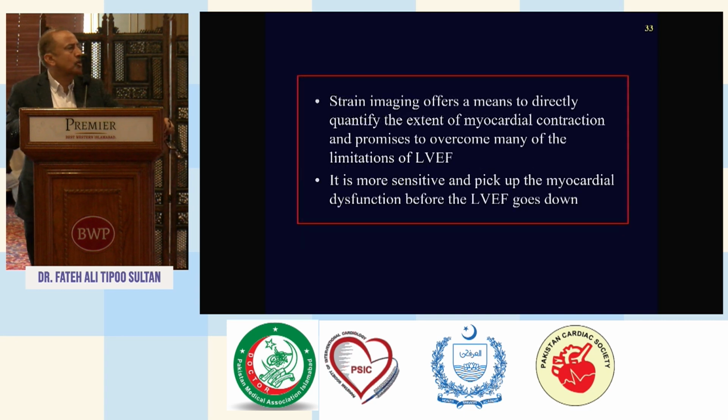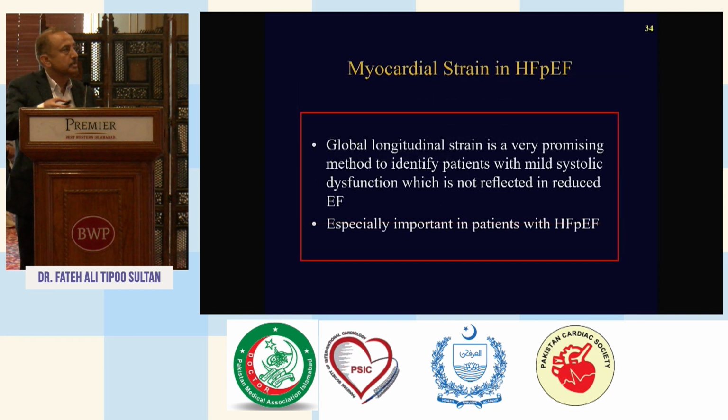So strain imaging offers a means to directly quantify the extent of myocardial contraction and promises to overcome many of the limitations of LVEF. It is more sensitive and picks up the myocardial dysfunction before the LVEF goes down.